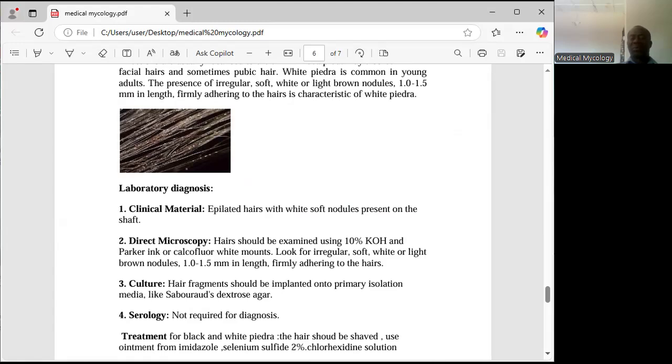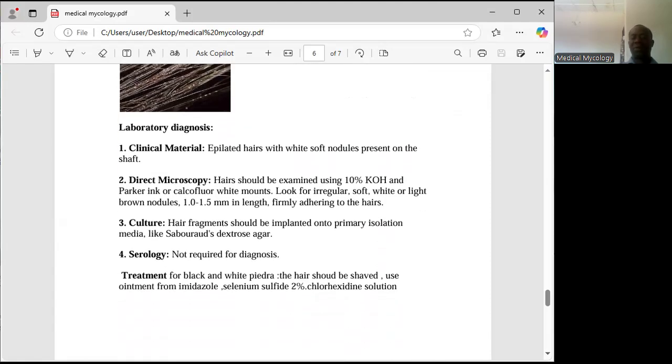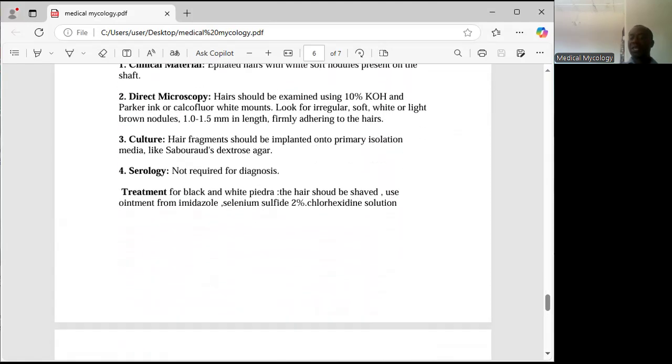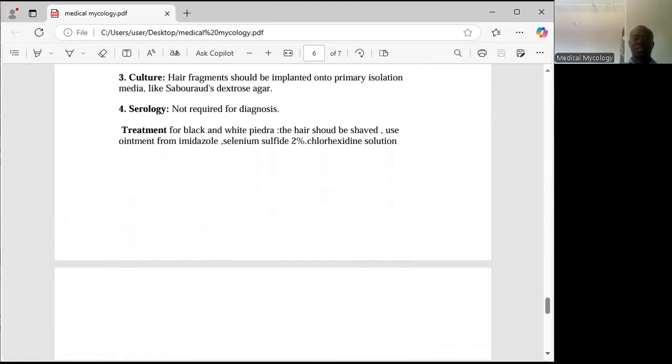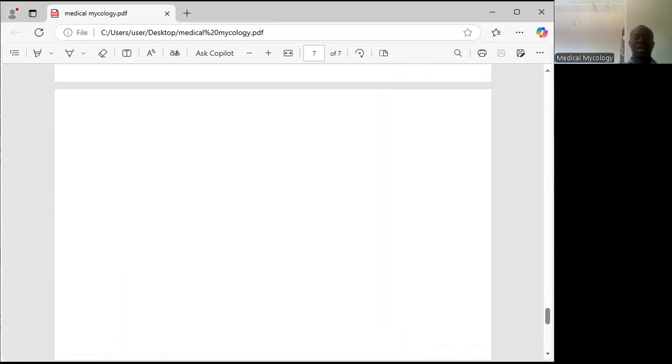Hair fragments will be implanted on the primary isolation media like the Sabouraud dextrose agar for culture. Serology is not needed. Treatment for black and white piedra, the hair should be shaved, or we can use ointment from imidazole or selenium sulfide to actually cure these infections.